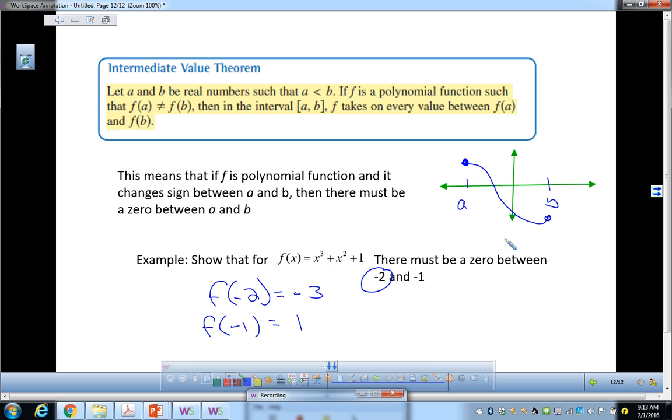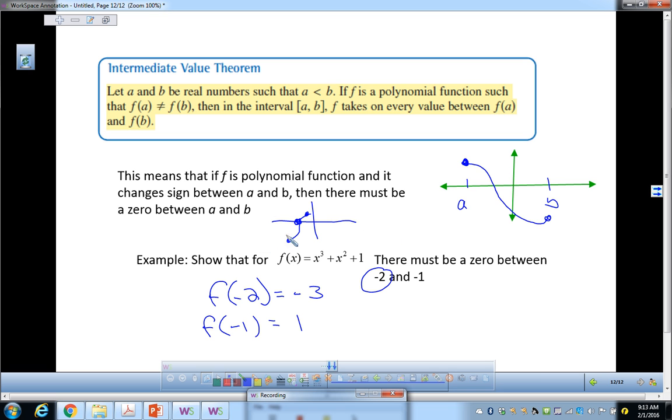So for this particular function, at negative 2, I get out negative 3, and at negative 1, I get out positive 1. Then somewhere in between this x value and this x value, this thing must have a 0. Must have a root or a 0 or a solution. That's what the intermediate value theorem says.